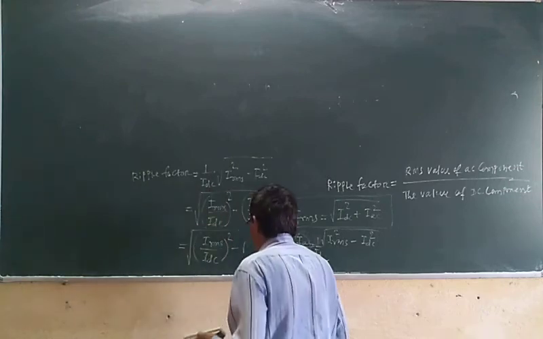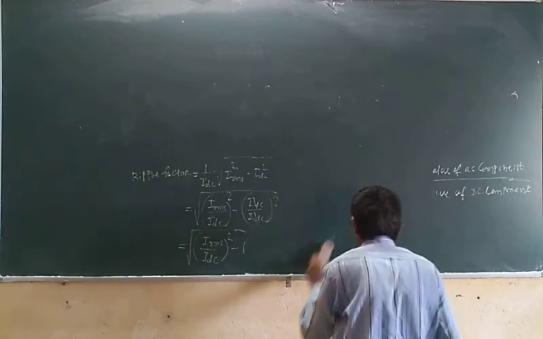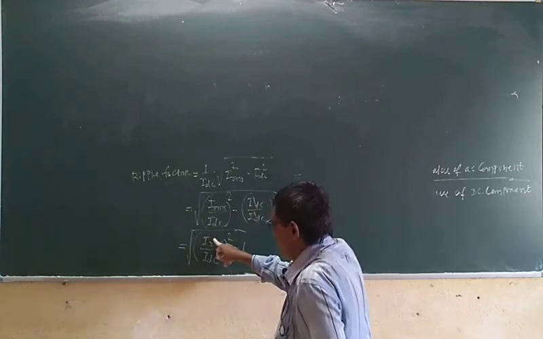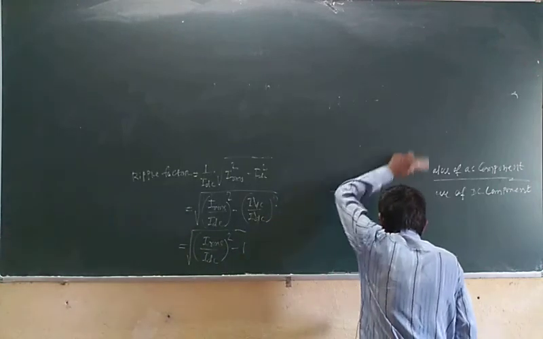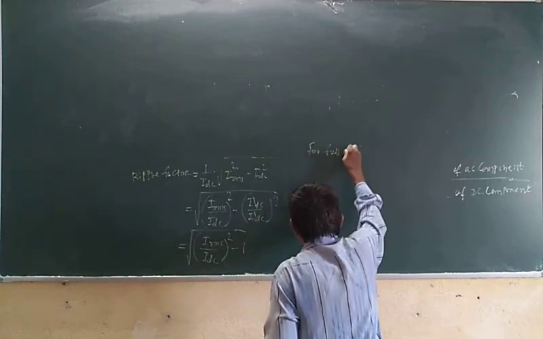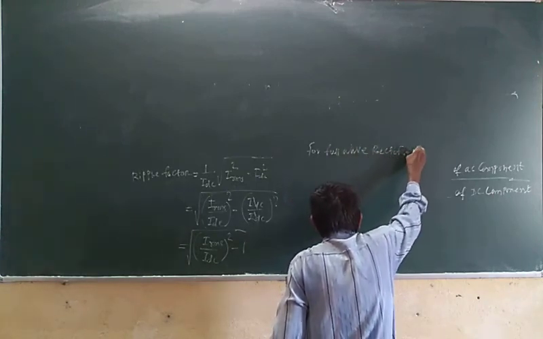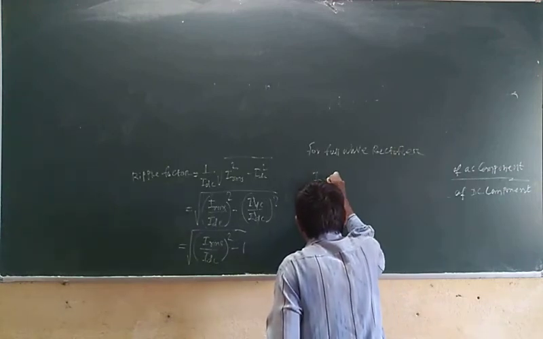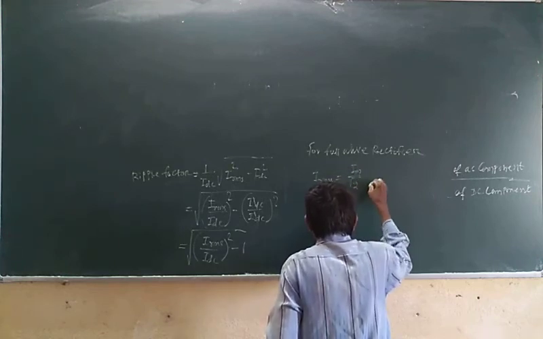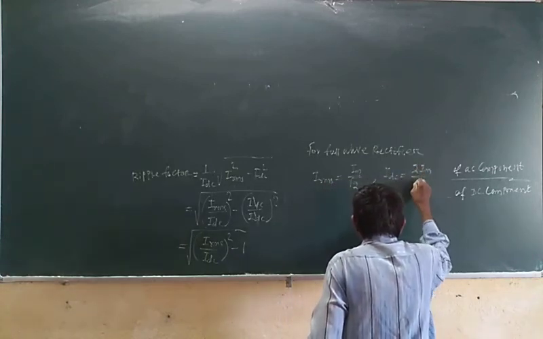For a full wave rectifier, IRMS equals IM by root 2 and IDC equals 2 IM by pi.